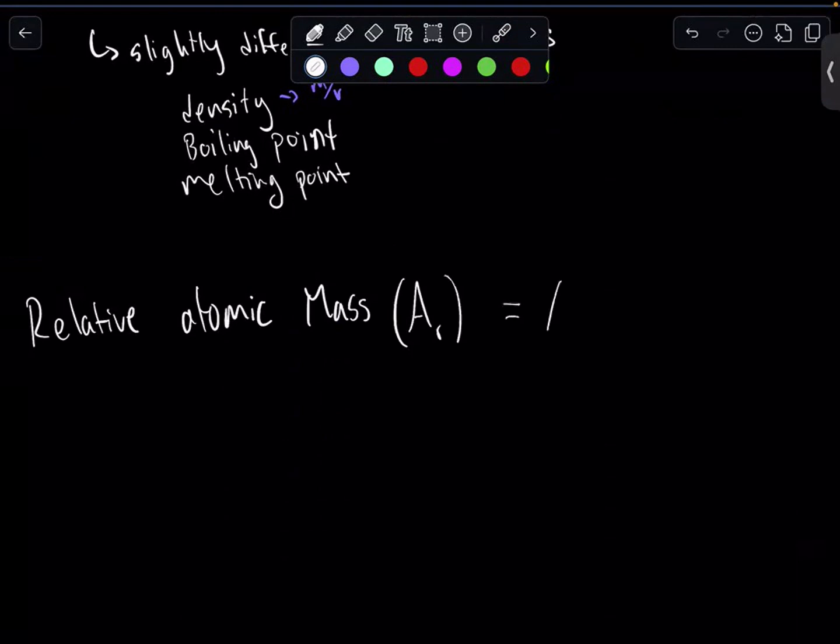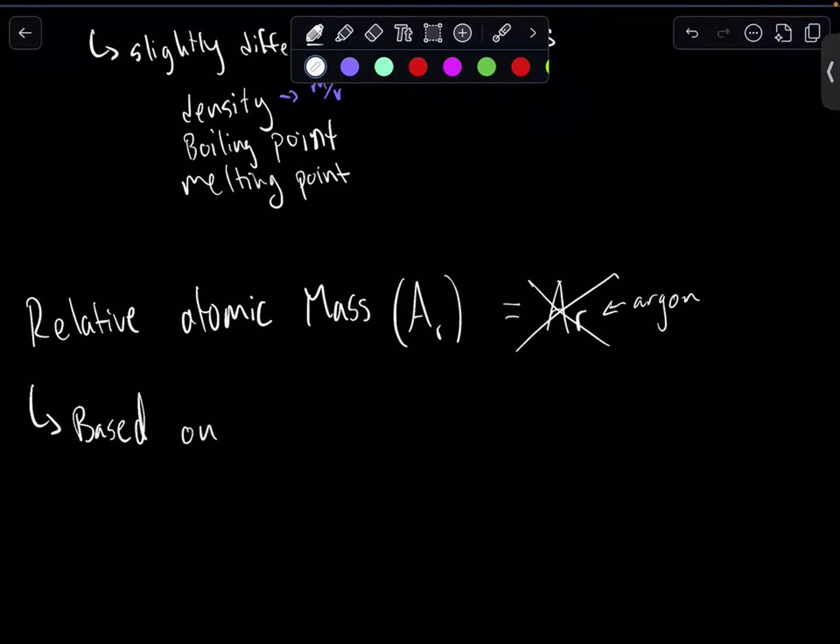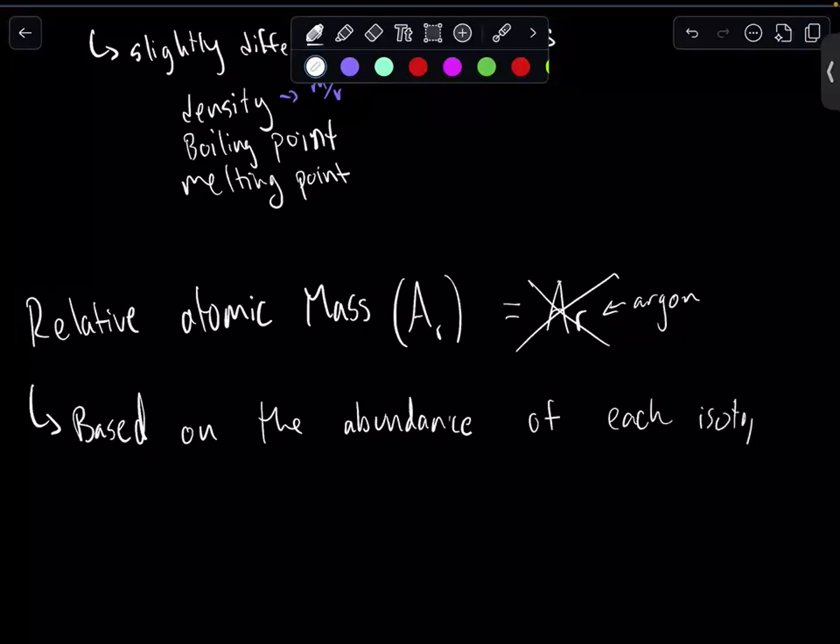And really quickly, that's not Ar, no, no, no. That's argon, the element. It's A subscript r, so make sure that it really is a subscript. So relative atomic mass is based on the abundance of each isotope in nature.